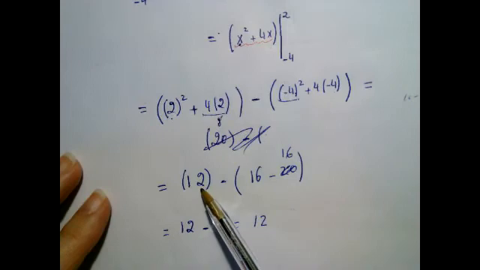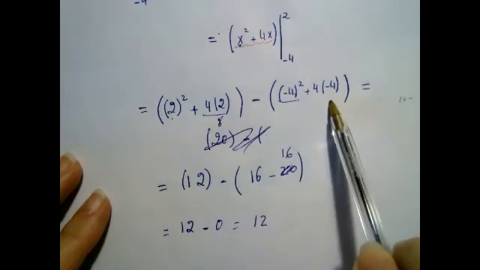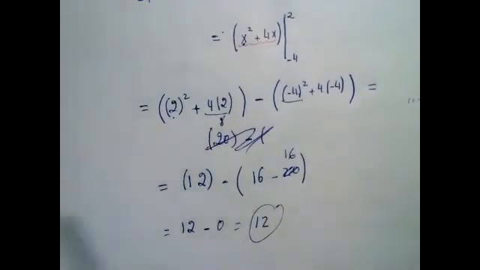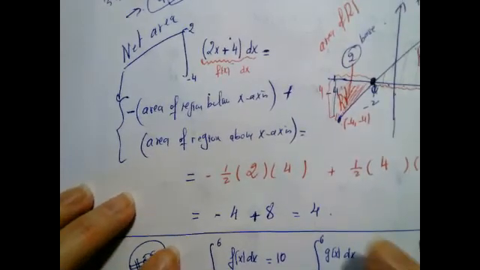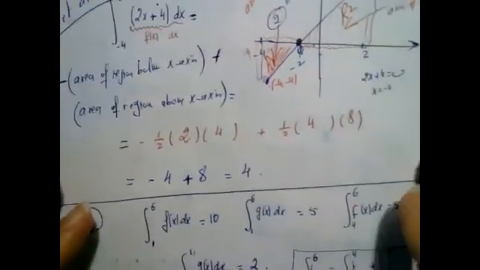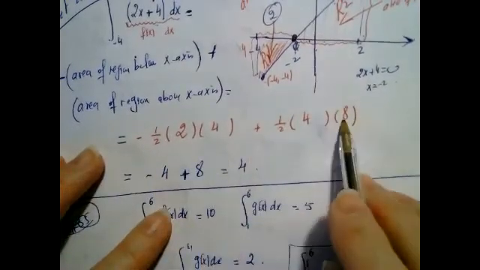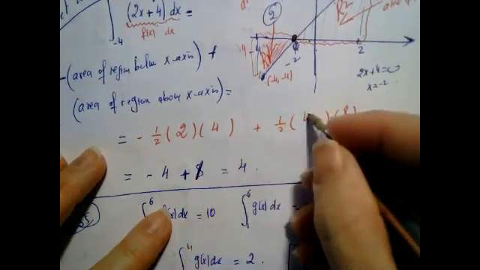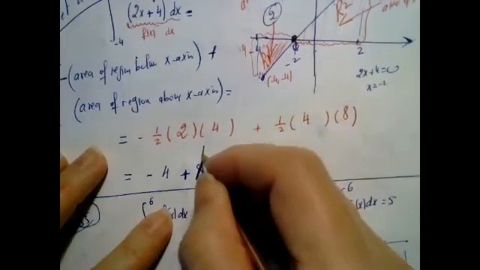That's it, 12. Minus. That's correct here. I'm getting 12. If I get 12 here, why did I get 4 here? Because nobody corrected me here. That's going to give me 4, and that's going to give me 2. That's 16.